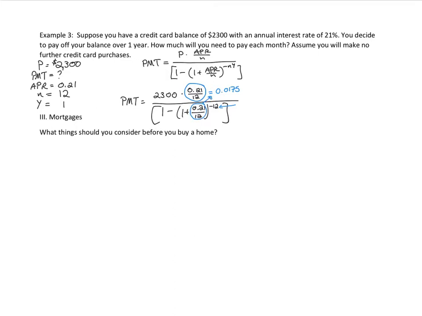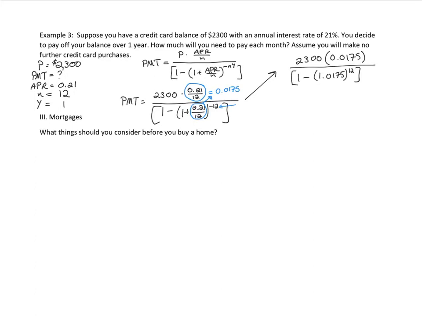So the next step here would be 2,300 times 0.0175, and in the denominator we have 1 minus 1.0175 to the 12th power.